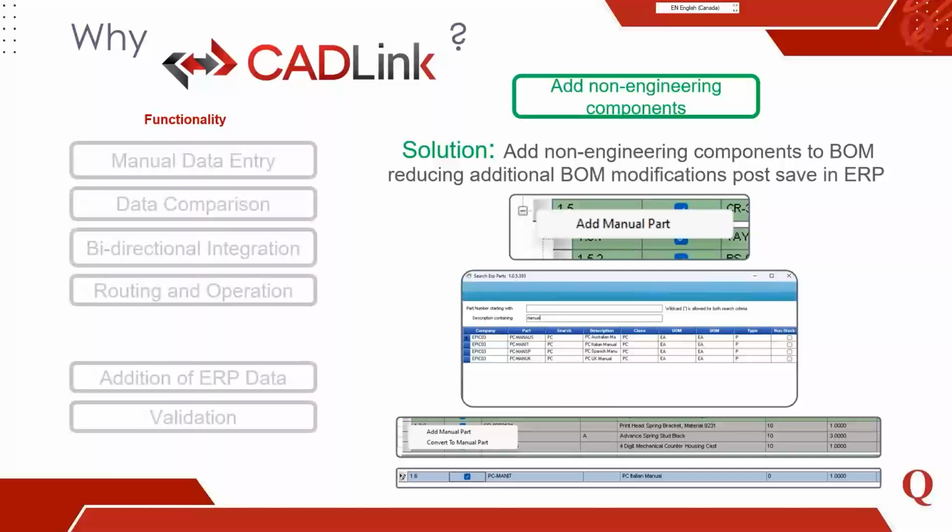So you're able to search for an item in NetSuite for one of these consumable items and directly add it to the NetSuite BOM within CADLink's grid without having to have those components modeled in your CAD or PDM system. So that way you're turning that bill of materials into a manufacturing BOM, but without having to complete any additional steps on the NetSuite end.